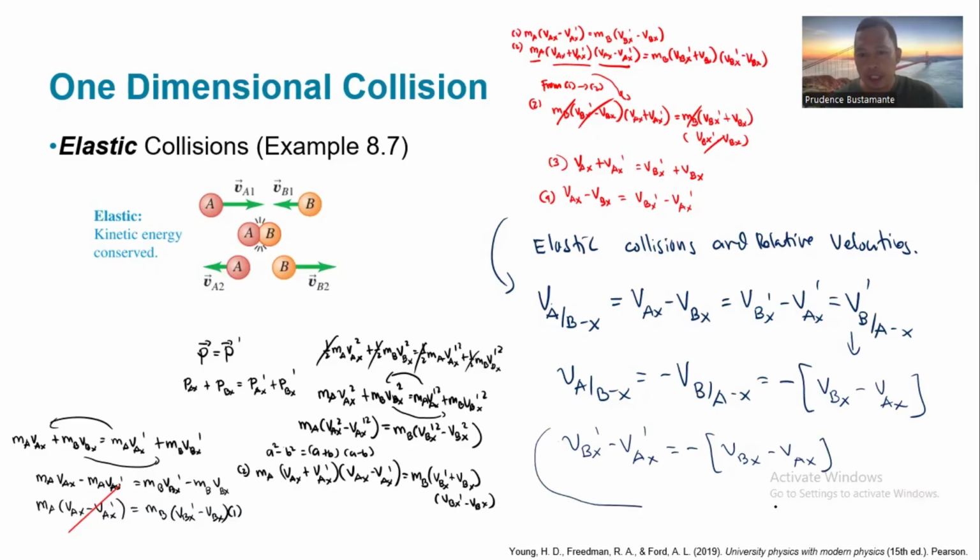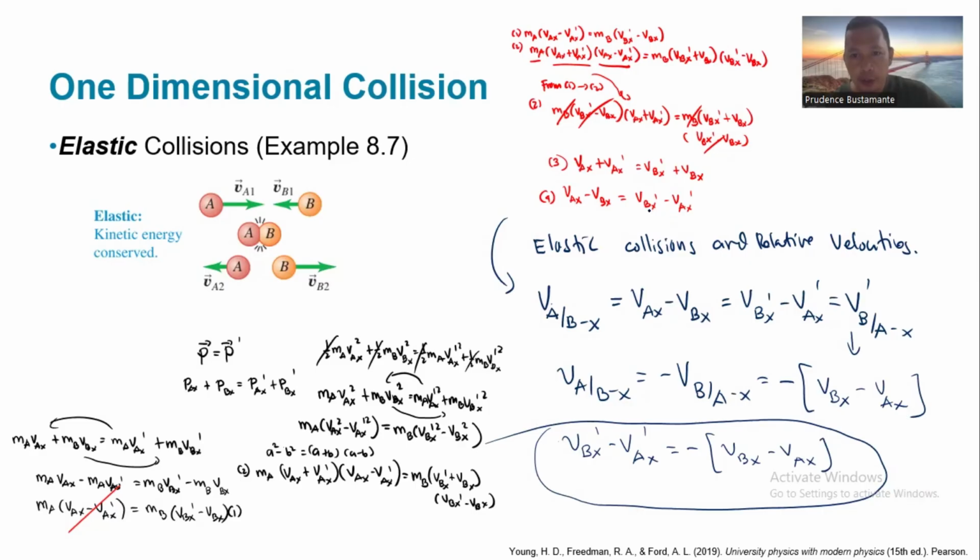So that is the meaning of relative velocity, class. In the initial state, before the collision, if we calculate the velocity of A with respect to B, it is equal to this one.